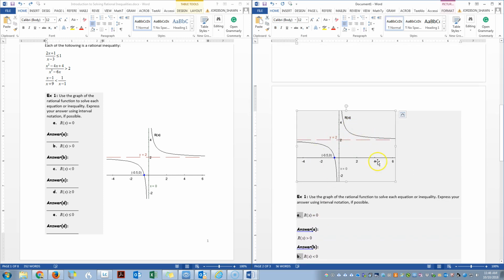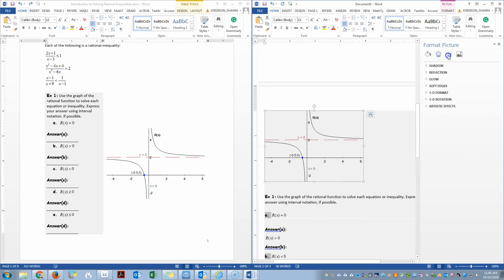And then to make the graph accessible, the best way to do this is, again, to use alternate text. It's really the only way to make graphs accessible, is to fully explain it.